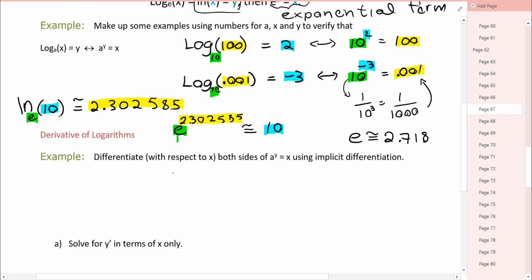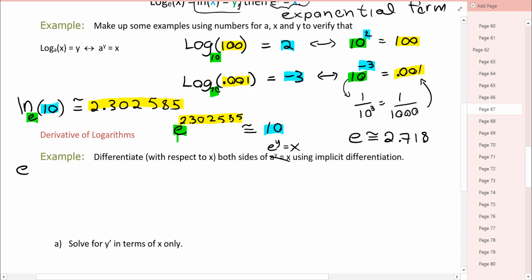Okay, so we're going to start with, it says start with a to the y equals x. Well, let's just start with e to the y equals x.